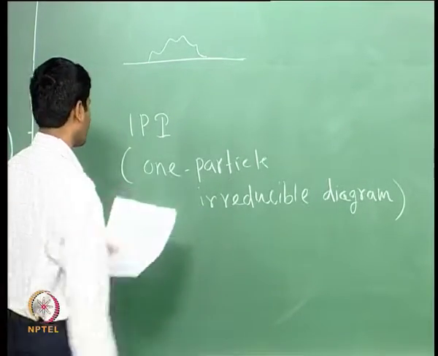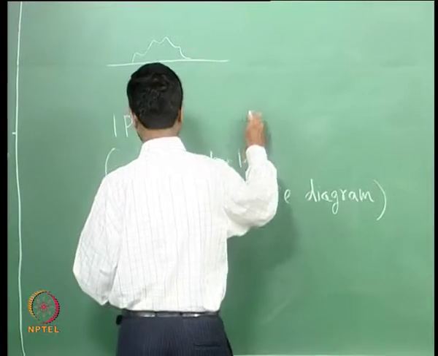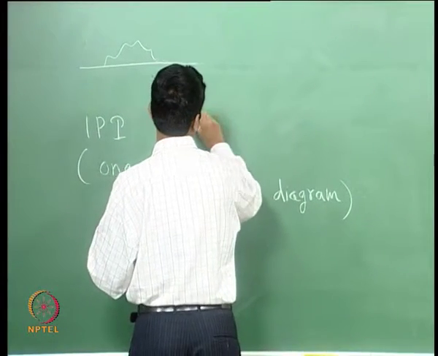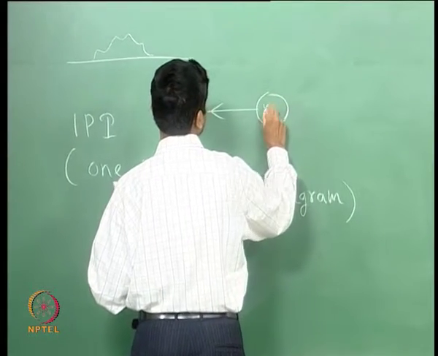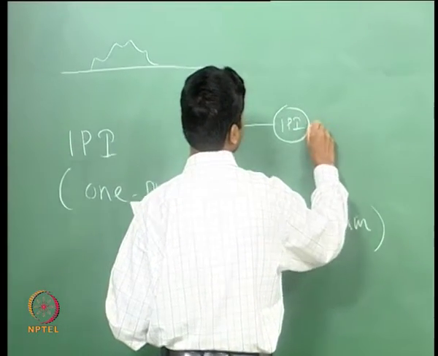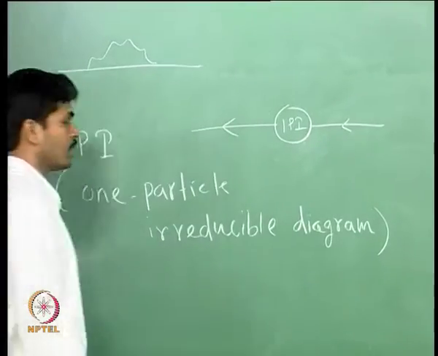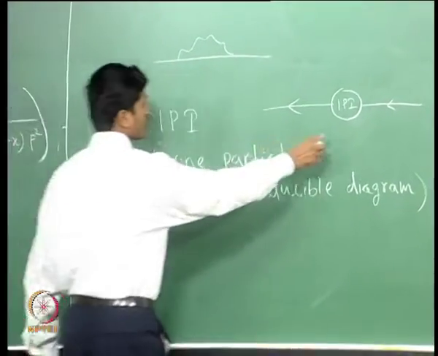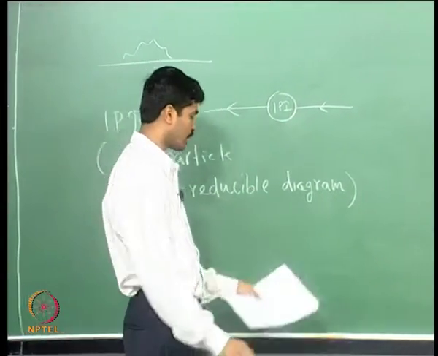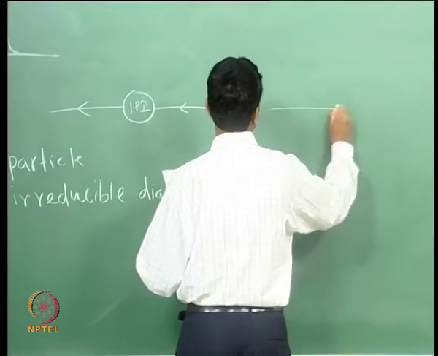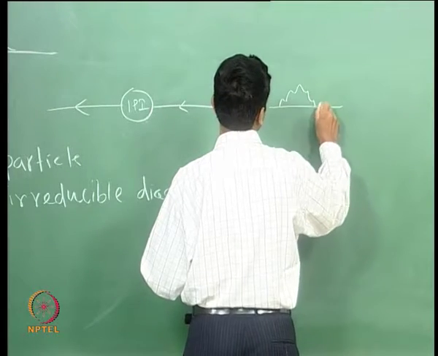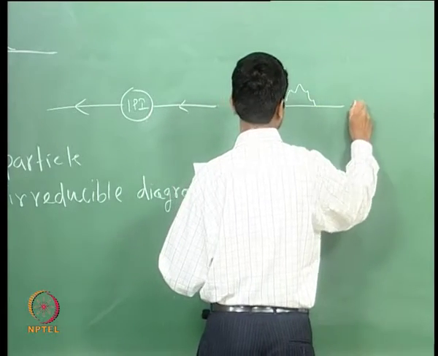To all orders, I will denote these one particle irreducible diagrams by 1 pi, summing over all one particle irreducible diagrams.